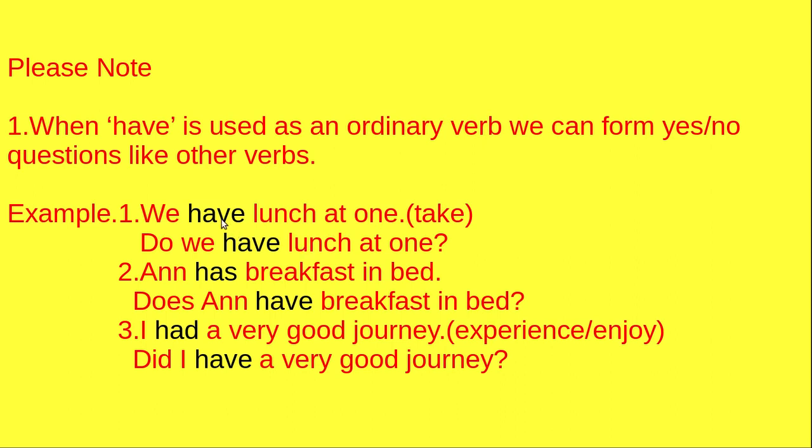Here have means take, then it is an ordinary verb. Then saying have we lunch is not right. Do we have lunch at 1? She has breakfast in bed. Here has is V1 plus S form, so does she have breakfast in bed. I had a very good journey, so did I have a very good journey.